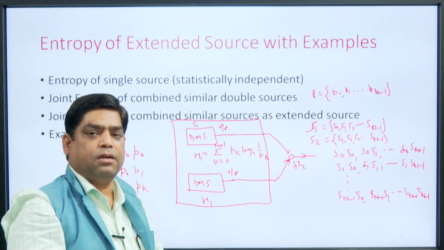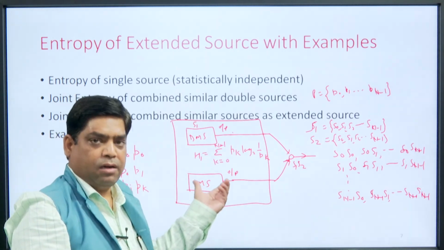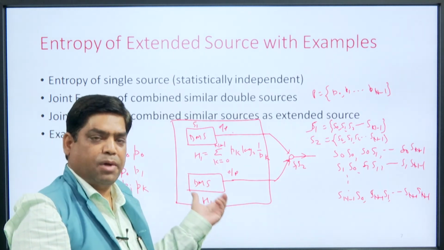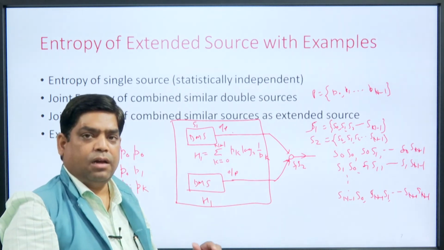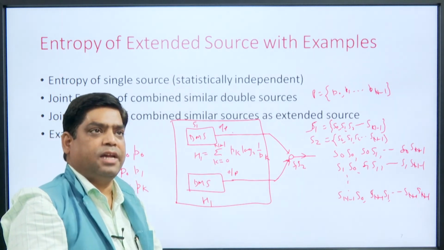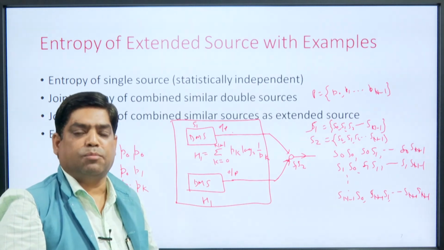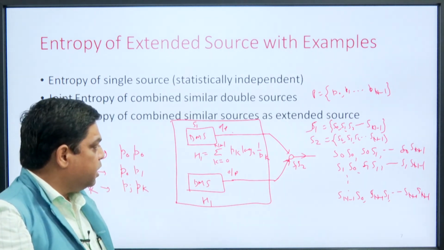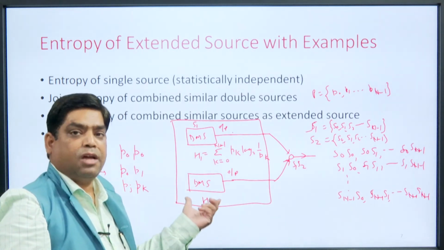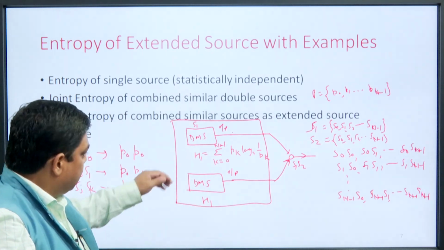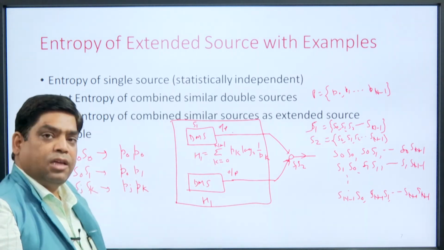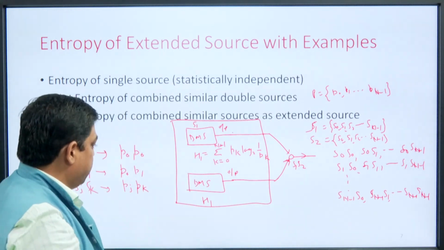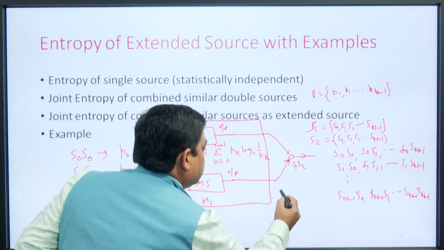When the probabilities of every joint symbol are calculated, we treat them as the single probability of that symbol. For the combined source, firstly we have to know the number of symbols. Because we are taking only two sources, there are two positions.